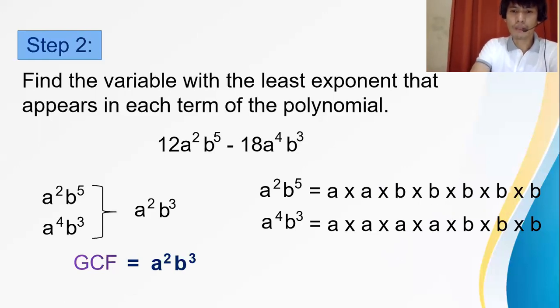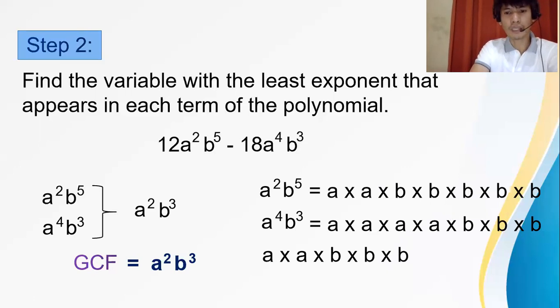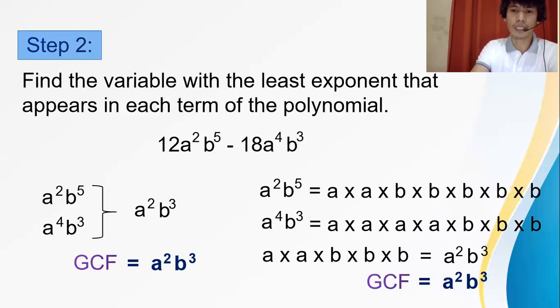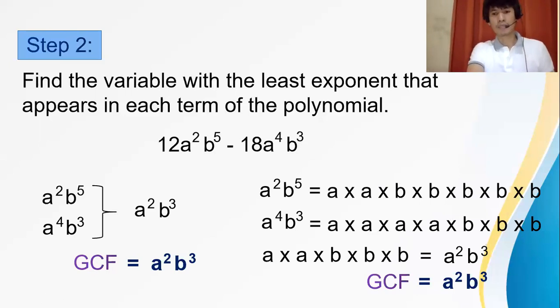And therefore, you multiply the 3 b's and the 2 a's. So it becomes a to the 2nd power, b to the 3rd power. Therefore, our GCF is a raised to the 2nd power, b to the 3rd power. So it is the same greatest common factor, only the solution and procedure are different.